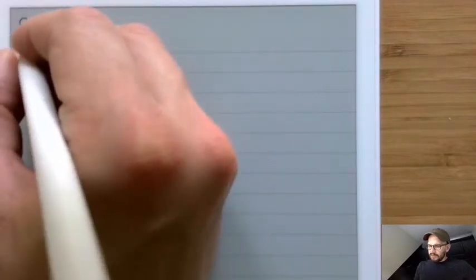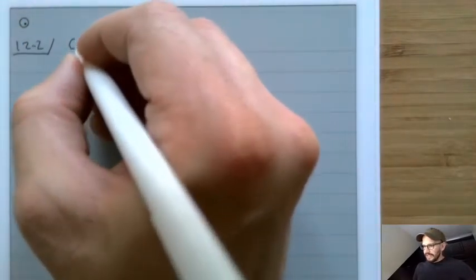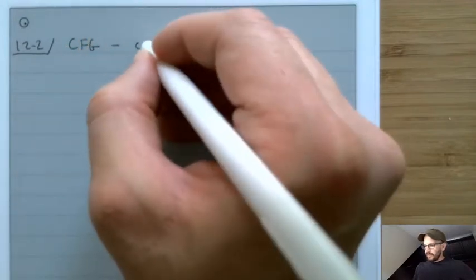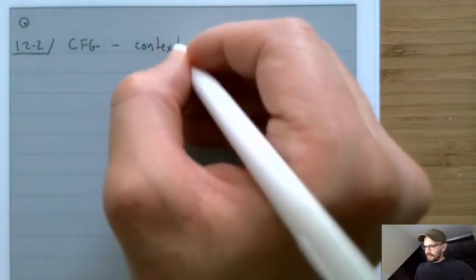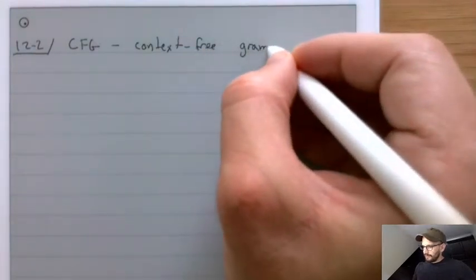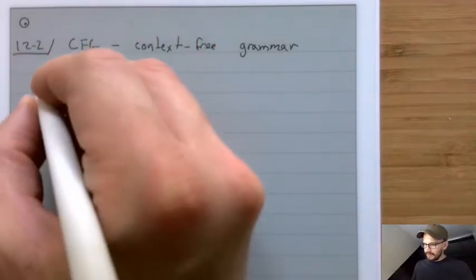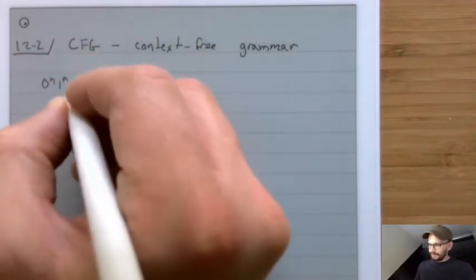So this next model of defining sets is called a CFG, for Context-Free Grammar. And like before, let's write an example of this, and then let's talk about what the different pieces are. So here's an example that defines 0^n 1^n.